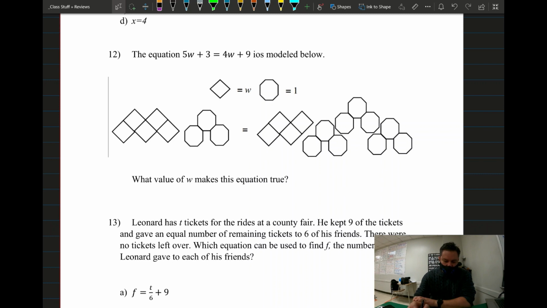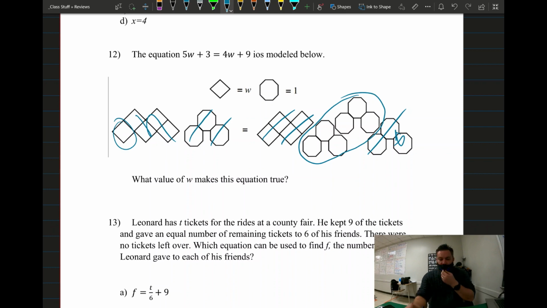What they want you to do is get rid of this 3 right there, and then get rid of 4 of these w's right here. So you have 1w equals 6. That's what it is, basically.